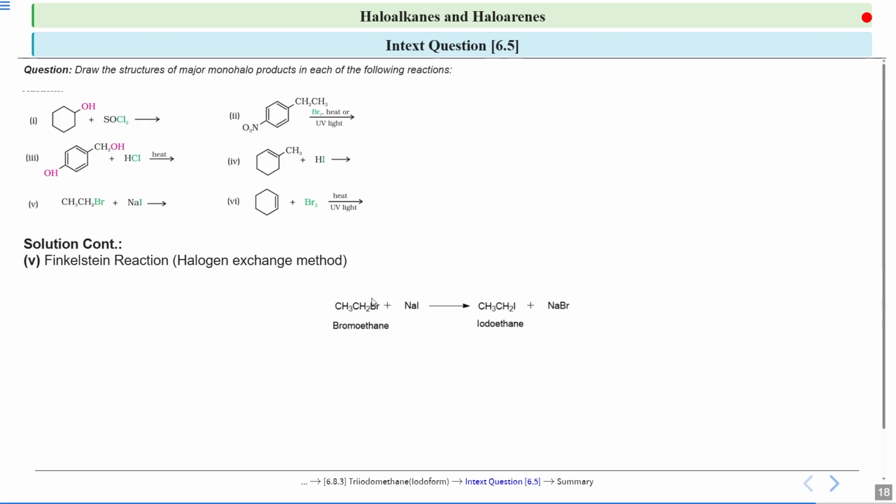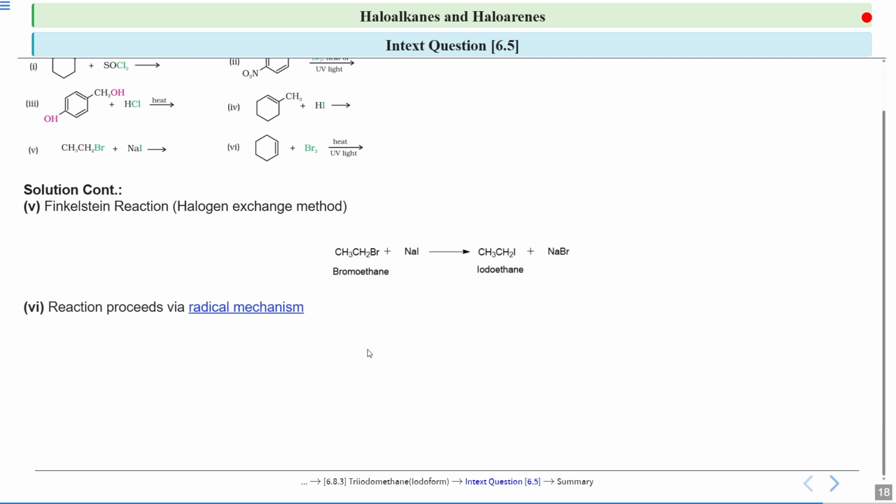So this bromine is replaced by the iodine and you will get sodium bromide as your byproduct. The major product is iodoethane. So in the fifth reaction, you are getting your major monohalo product as iodoethane.